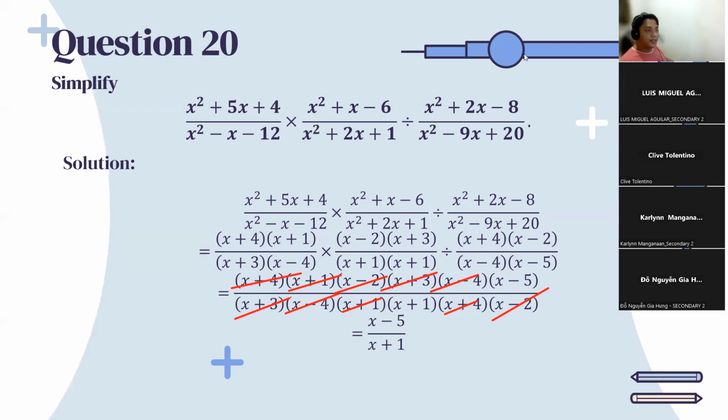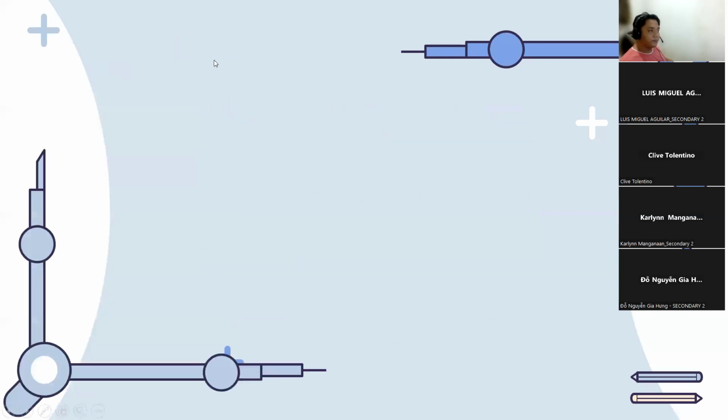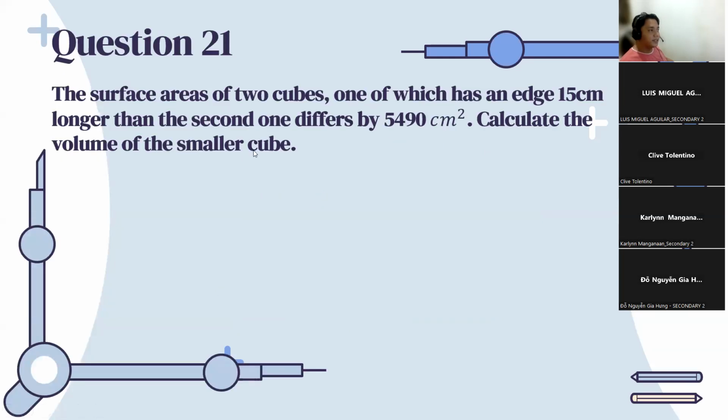Okay. Let's proceed with number 21. The surface areas of two cubes, one of which has an edge 15 centimeters longer than the second one, differs by 5,490 square centimeters. Calculate the volume of the smaller cube. Okay, again, since it says here differs by, which means that we can just get the surface areas of the two cubes and then subtract.